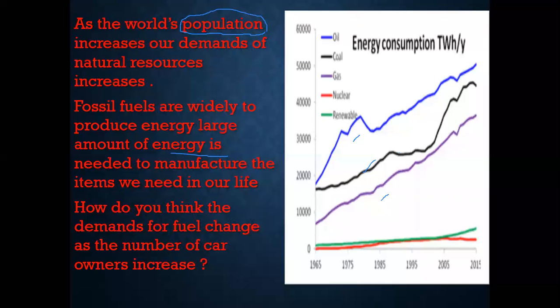Can you explain again? Yes, the number of humans is increasing, so a lot of humans buy cars, so the number of cars is increasing. When humans buy cars, they will take fuels or oil for their cars, so the oil is decreasing. Okay, I understand you. Thank you so much.